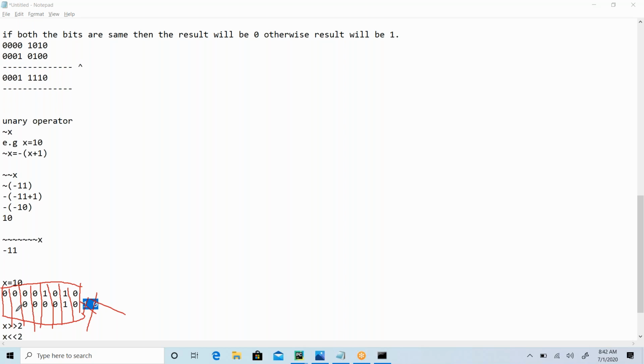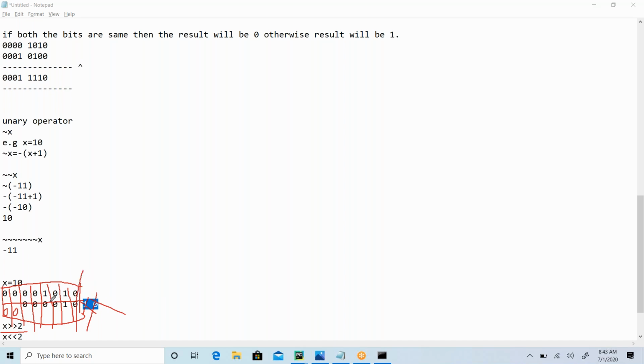Ultimately, what is the value now? Here the leftmost 2 cells are empty, right? The empty cells we are going to fill up with zeros. So this is what happens when you apply the right shift operator on the bits. 2 bits are going to move rightward, and those going out of our boundary, we will be losing.